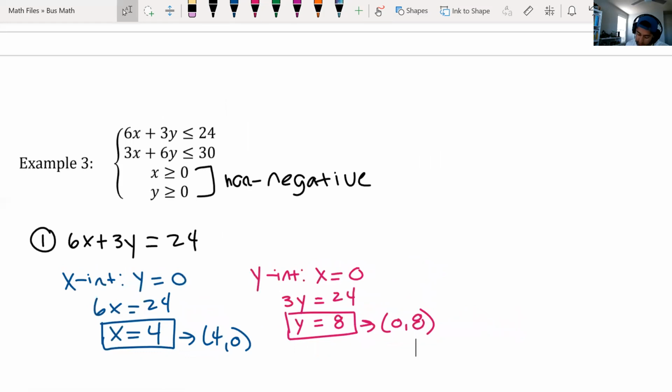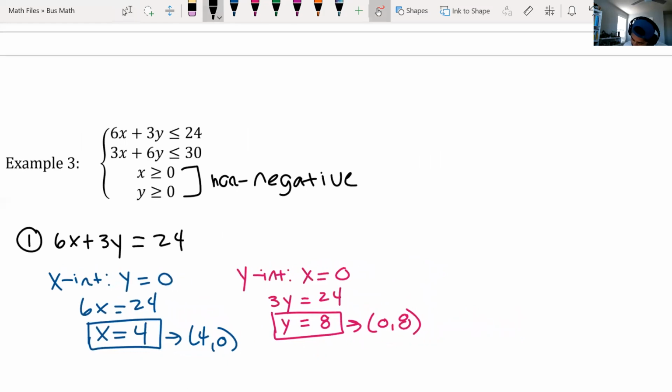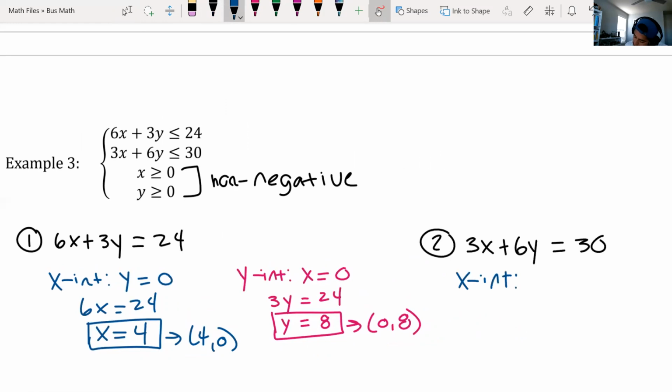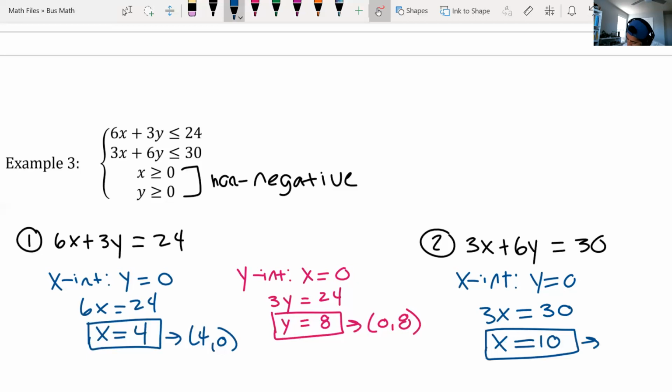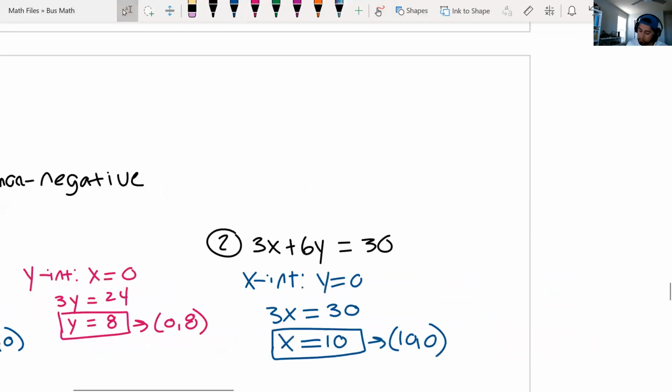Okay, so I did that. And then 2, 3x plus 6y equal to 30. And again, x-intercept, y-intercept. 10, 0.